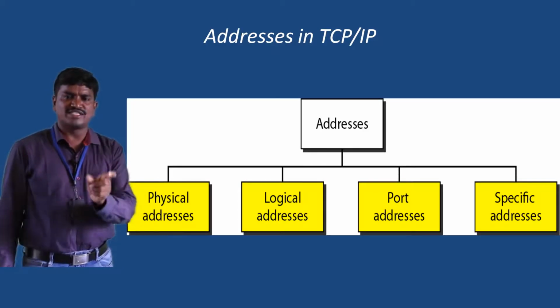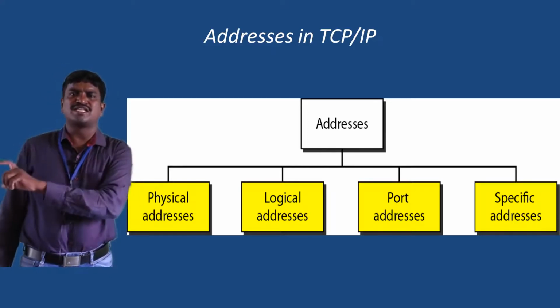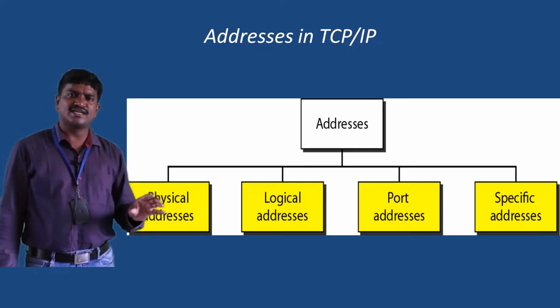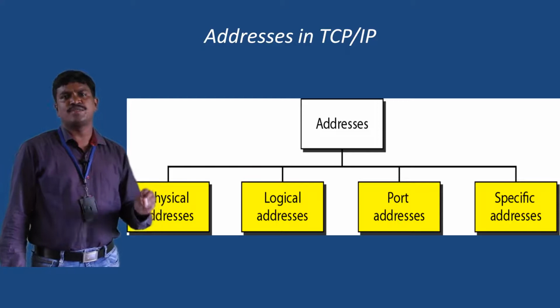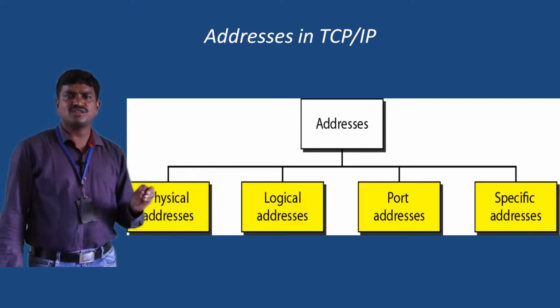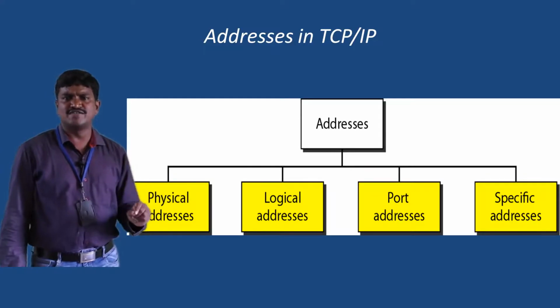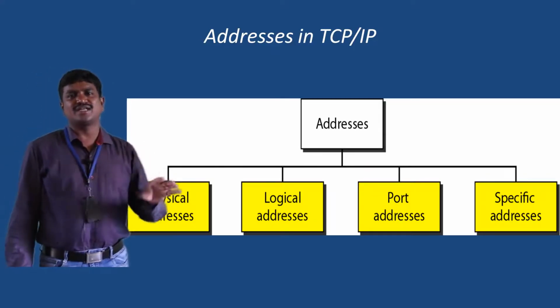If it is XYZ, it belongs to Dell; if it is ABC, it belongs to some other company. So the manufacturer address is also included inside the physical address. This way, physical addresses are assigned to any device. It is inbuilt and never changed.